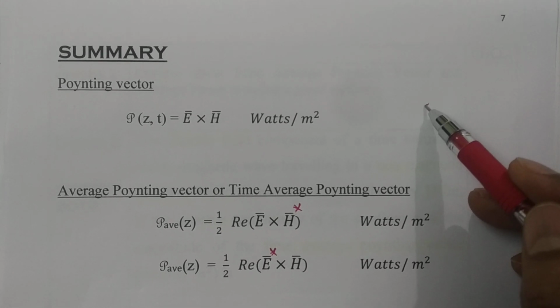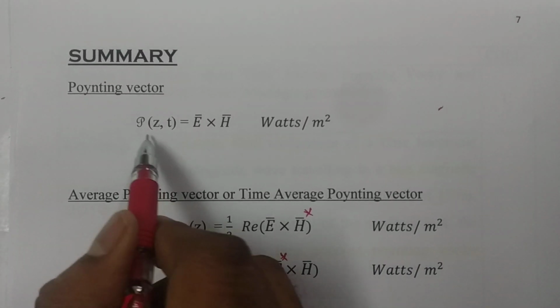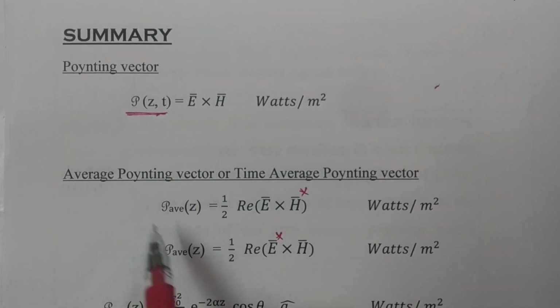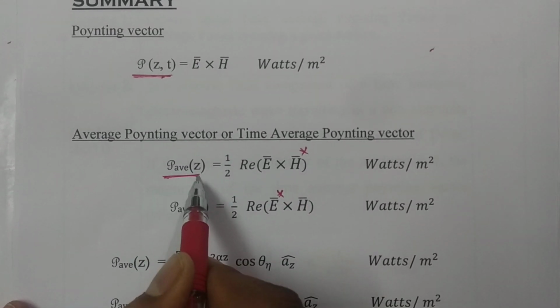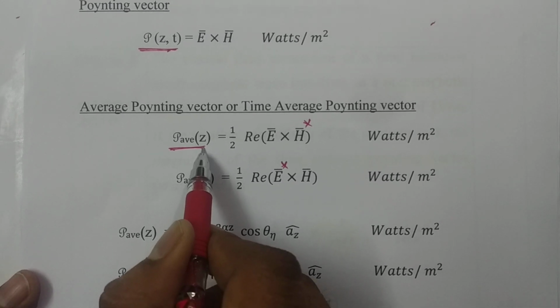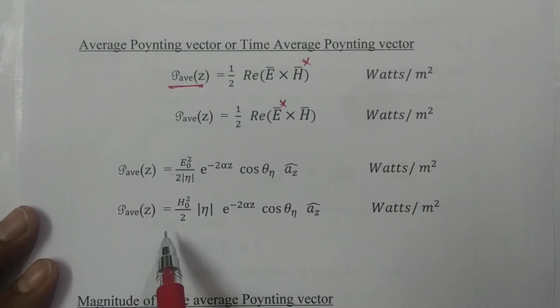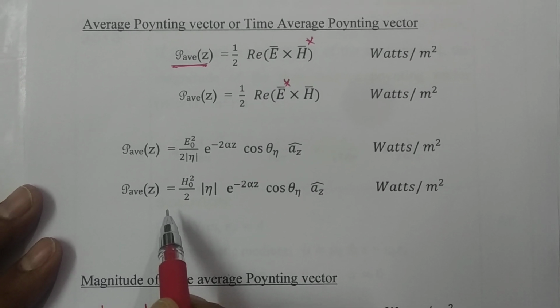Summary: P of z comma t is the Poynting vector, P average of z is the average Poynting vector. The relevant formulas are given. Units are watts per meter square.